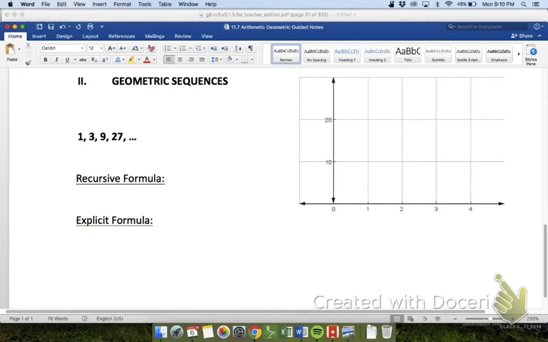All right, so in part 2 of your notes, we're going to be looking at geometric sequences. And the idea here is that these are tied to exponential functions. So we're going to see repeated multiplication here.